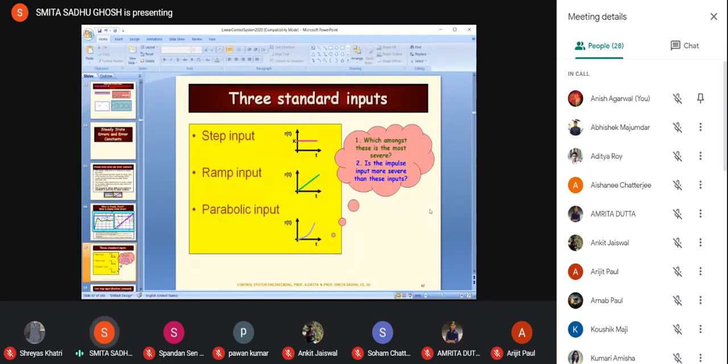So when I say severe, what I mean is that given a choice, which of these would I want to apply if I were to test a system? Let me reframe that. If somebody tells me, okay, you can opt for only one sort of input and see whether your system is acting satisfactorily, which of these would you choose?